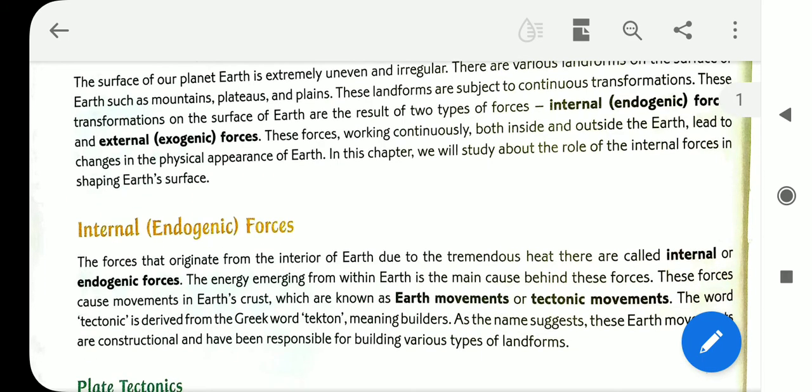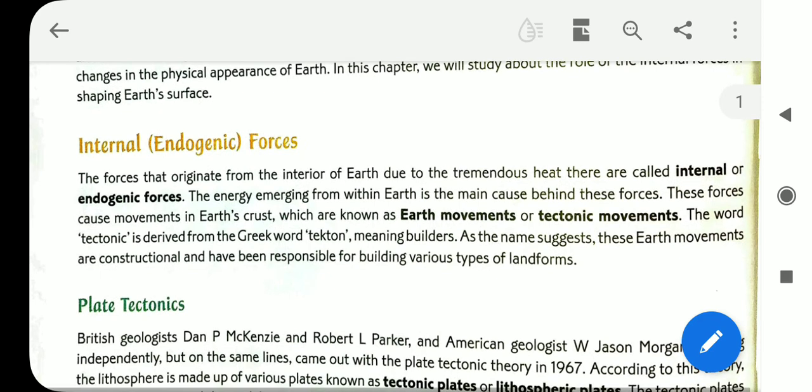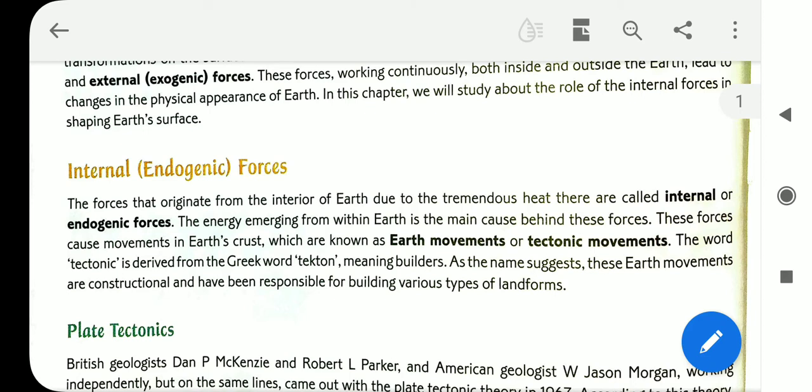So, internal or endogenic forces: the forces that originate from the interior of the Earth due to tremendous heat are called internal or endogenic forces. Already I told you, when we reach the mantle deep inside the Earth, the interior is very hot and the pressure is also high.